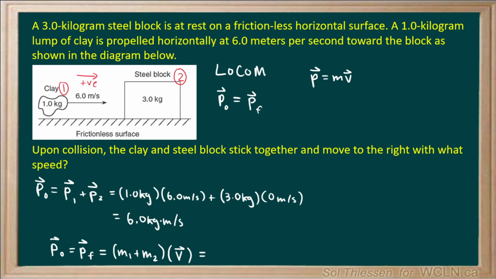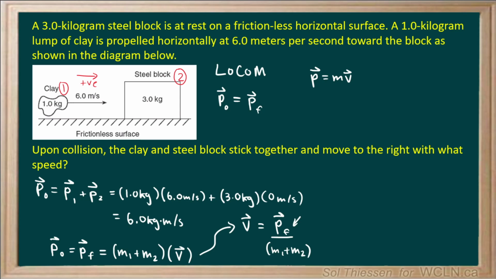So if we solve for the combined velocity here, by dividing both sides by m1 plus m2, we end up with combined velocity equals final momentum divided by m1 plus m2.